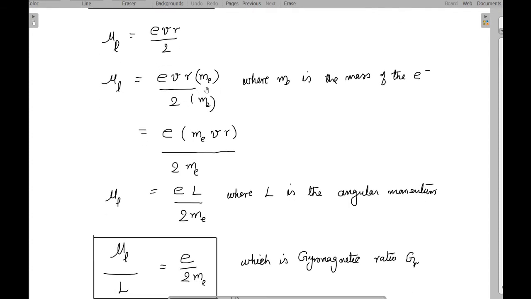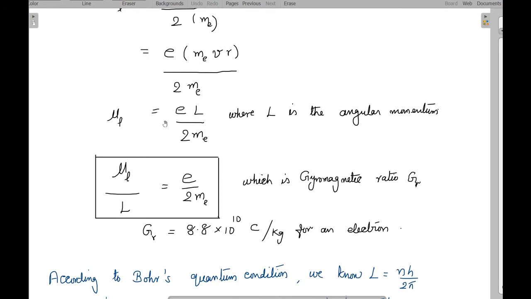So here we take these together, m e v r. So if we combine, we can write e into me v r divided by 2me, that is equal to e by 2me into angular momentum capital L.